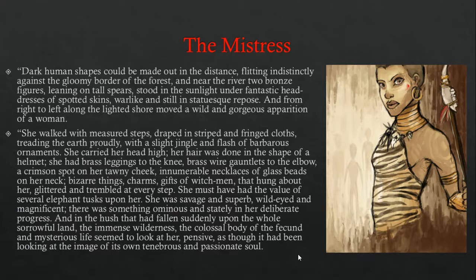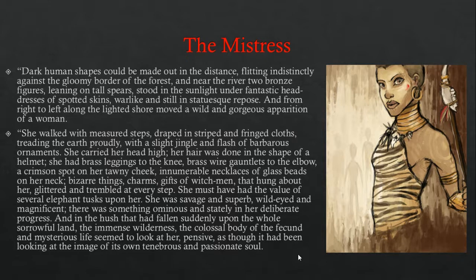Dark human shapes could be made out in the distance, flitting indistinctly against the gloomy border of the forest. And near the river, two bronze figures, leaning on tall spears, stood in the sunlight, under the fantastic headdresses of spotted skins, warlike, and still in statuesque repose. And from right to left along the lighted shore moved a wild and gorgeous apparition of a woman.